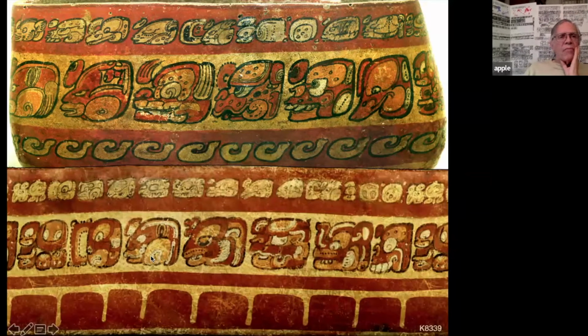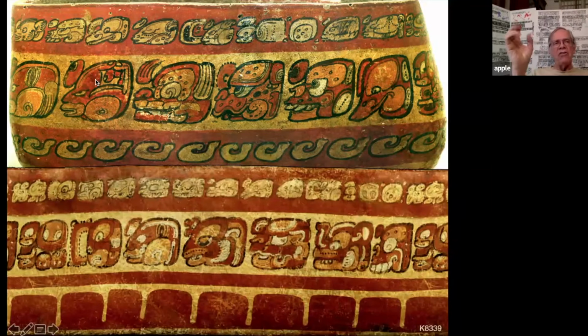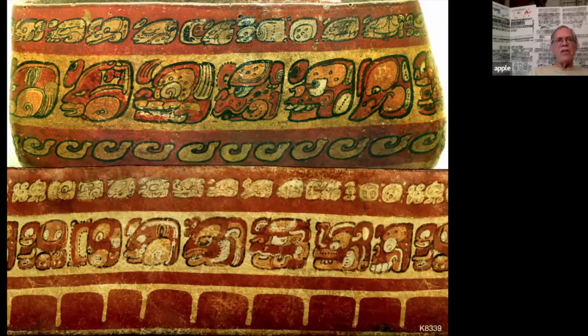This is the deer glyph by this other artist, and he shows it as the hand sign chi, which has a deer's face on it. Now I realize this looks like a human face, but the lips and things are exactly the same as the lips on the deer.